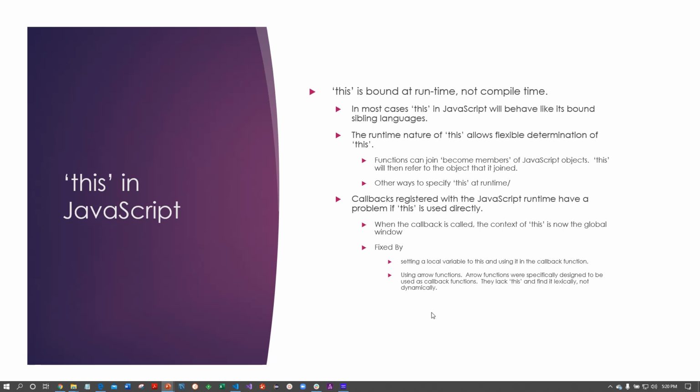And by using arrow functions, since arrow functions were specifically designed to be used as callback functions. That's one of the reasons why they lack this and find it lexically, not dynamically. So they also look in the context of where they're defined, not where they're running, in order to determine this. So we have some more things to learn about this, but that concludes what we need to learn at a basic level.